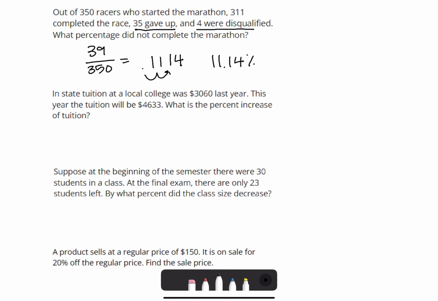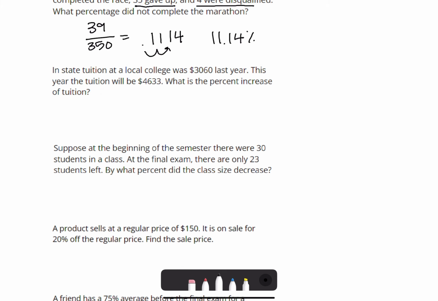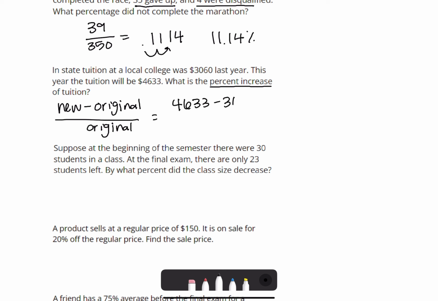The next one, in-state tuition at a local college last year was $3,060. This year, the tuition will be $4,633. What is the percent increase? So we do new minus original over original. So 4633 minus 3060 over 3060.